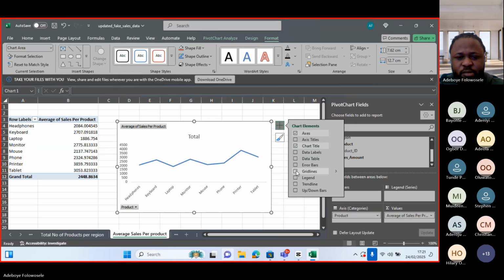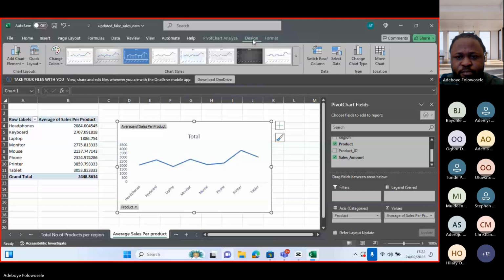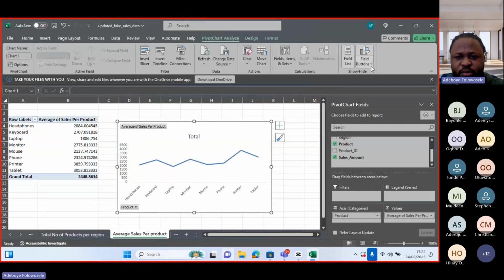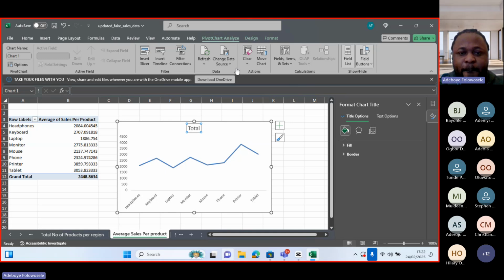Okay. So let me remove the axis field button and the value field button. So here we have there.